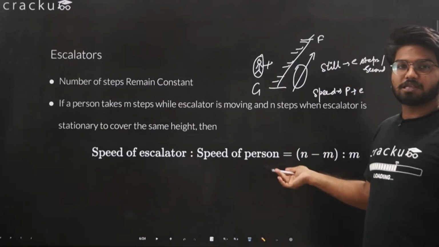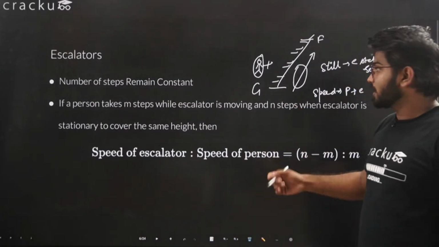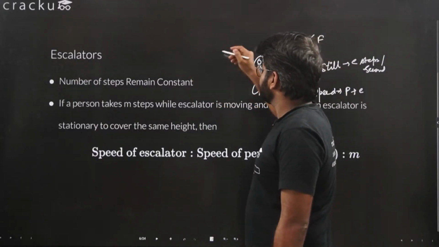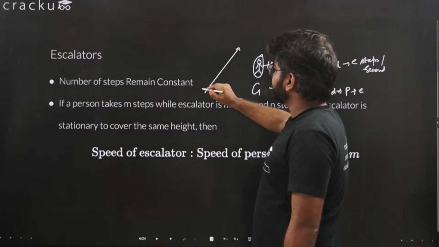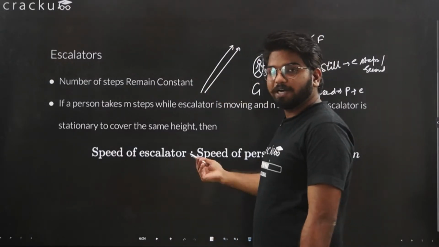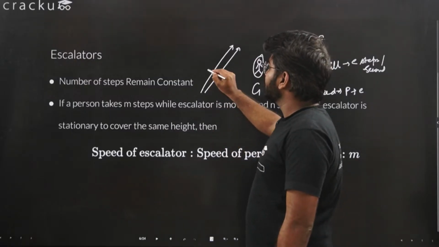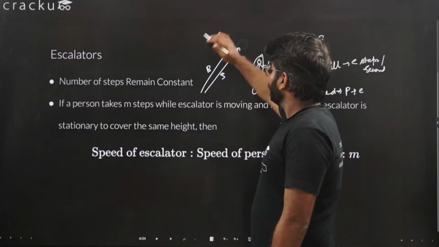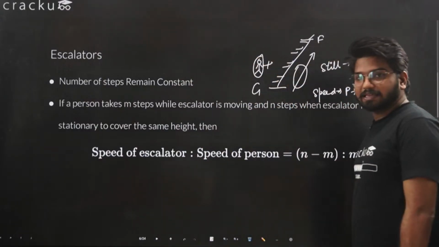Now this is again the concept of upstream and downstream. If the boat is moving up and the river is also moving up, the relative speed will be the boat speed plus the stream speed. So this is the same concept, escalator.